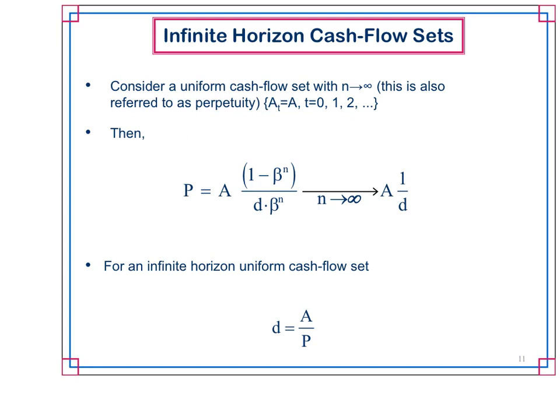As the gentleman here spoke of earlier, as our n approaches infinity, the beta to the n term is going to drop out, and this term is going to be 1, so we end up with A over D. So our discount rate becomes simply A over P, and in our example, 200 divided by 1,000 is 20%, right? Just by assuming that and allowing n to approach infinity, okay? You're essentially doing a limit function at that point.